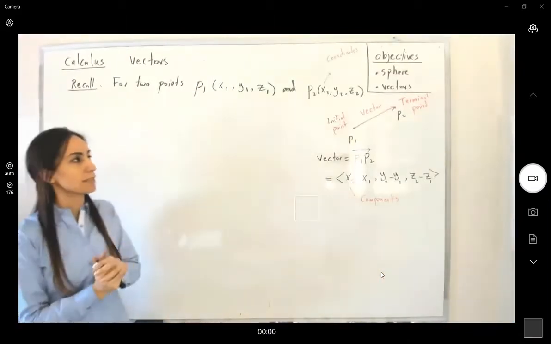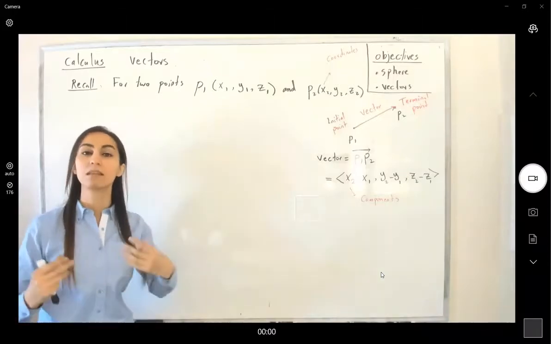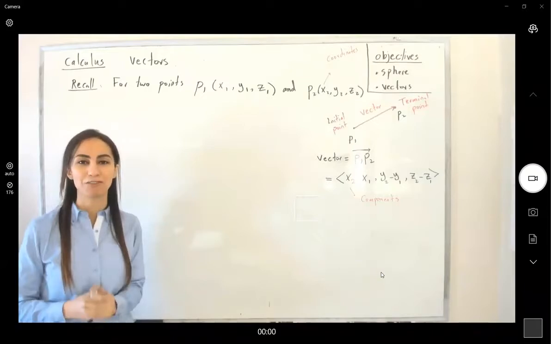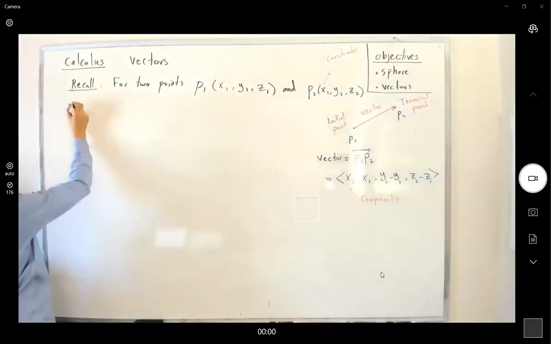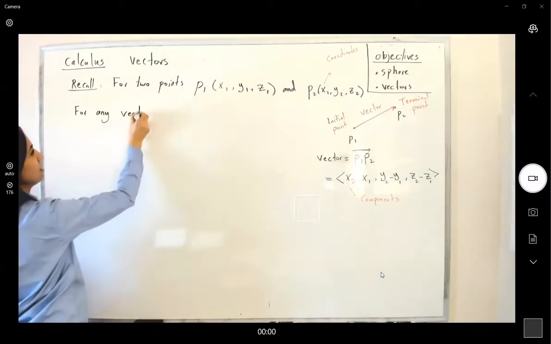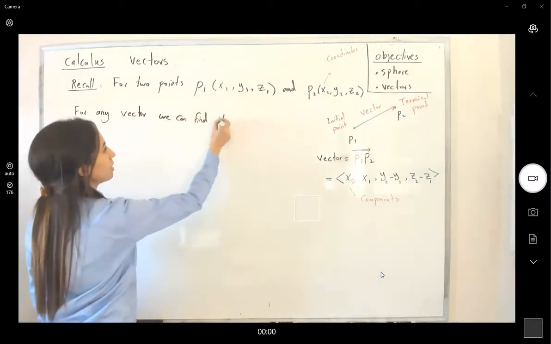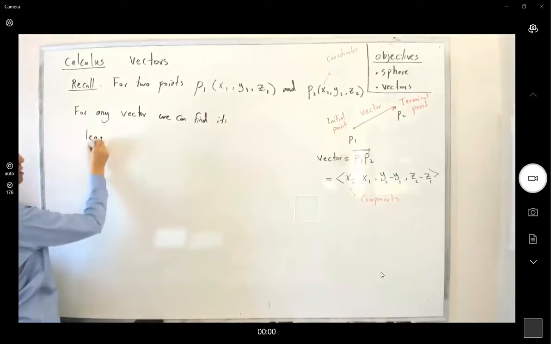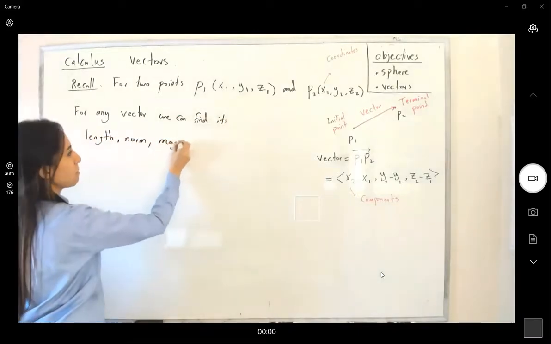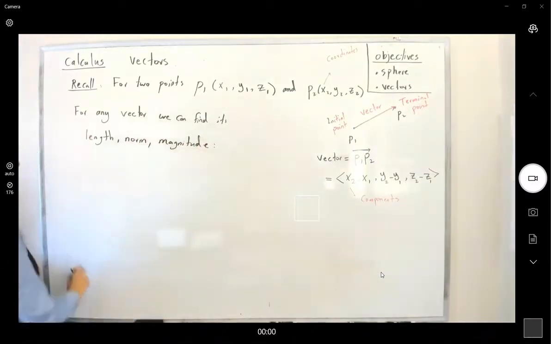Perfect. We said that now that we constructed a vector, we can actually find the length, or the norm, or the magnitude of that vector. For any vector, we can find its length, norm, or magnitude. It's defined this way.